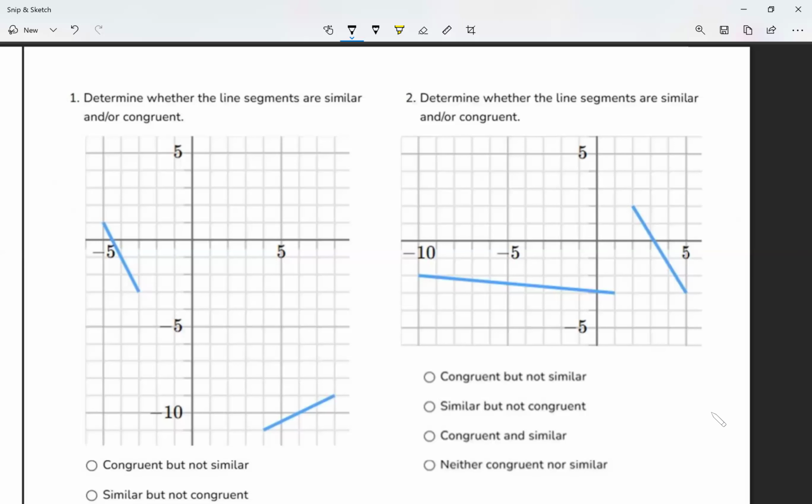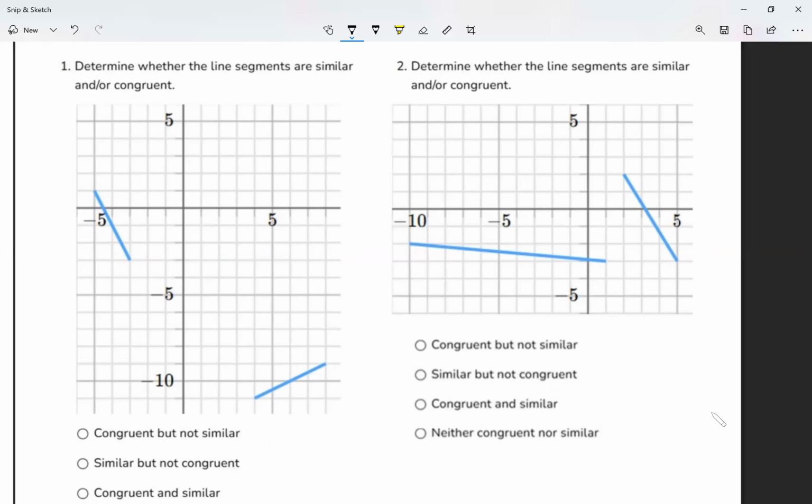Determine whether the line segments are similar and/or congruent. So they look like the same shape, right? They're line segments. Remember, so I have the same shape. Well, it could either be similar, it could be congruent. Now, what about the size?